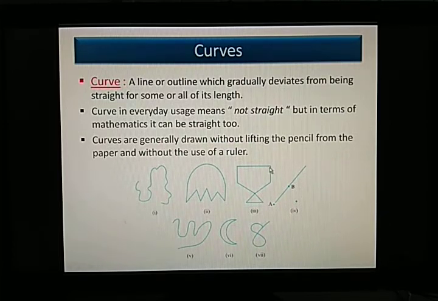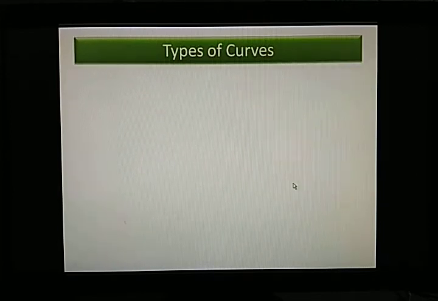So it is a curve. So unless and until all these 3 points are clear to you, it cannot be easily said that this is a curve and this is not a curve. No. Even this straight looking line is also a curve. Clear?